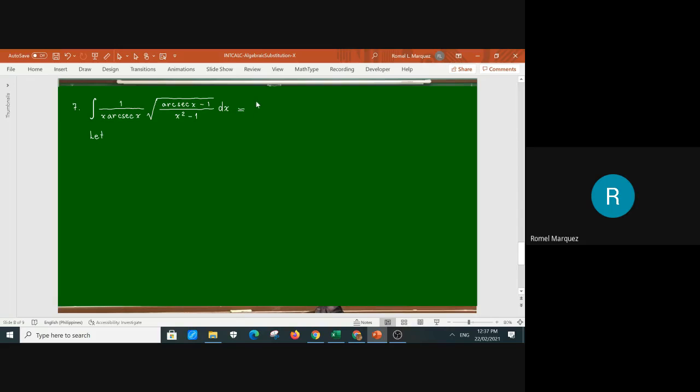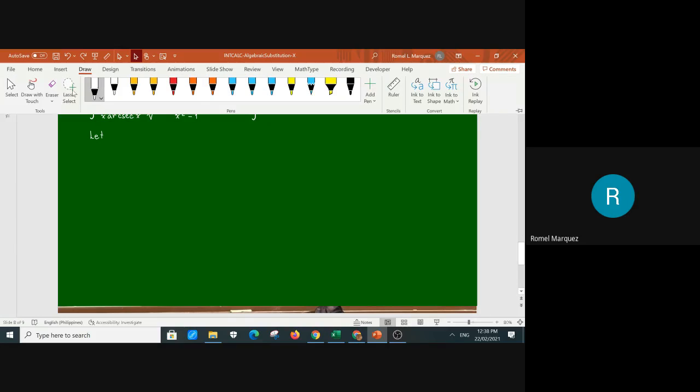This can be written as the integral of, we have this integral. I love this integral. I was able to make a nice one, so I have to maintain that. Let's start with the denominator.